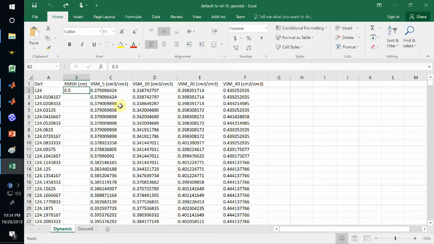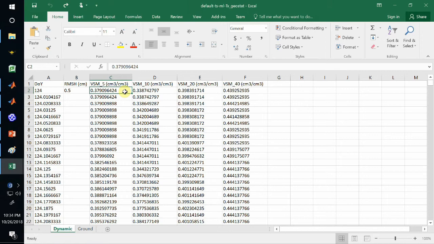Anyway, those two values, the time and the RMS height, are your first inputs, and the rest are your soil moisture probe locations. Again, these names don't have to be these, but they are indicative of what's on the ground sheet that we're going to look at. Each of these are percentages of the volumetric soil moisture.